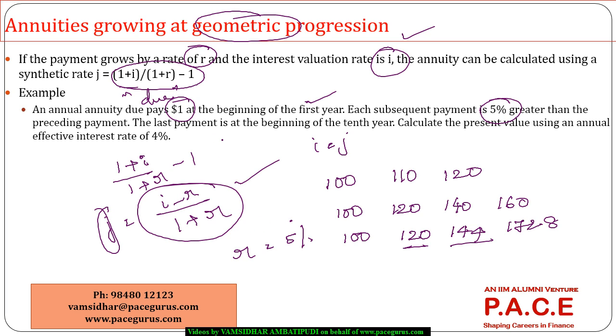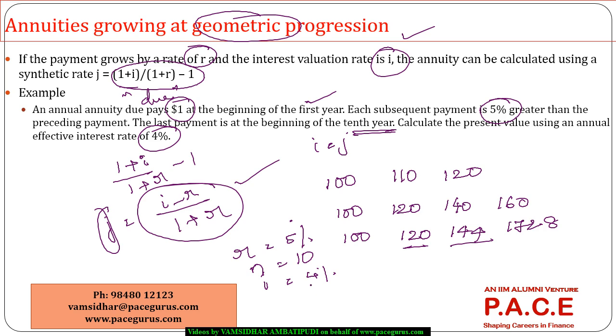The last payment is at the beginning of the 10th year, so N for me is 10. Calculate the present value using an annual effective interest rate of 4%. So I is 4%.